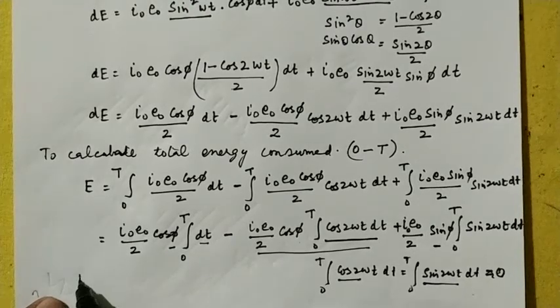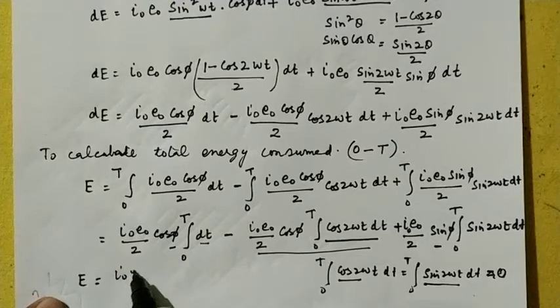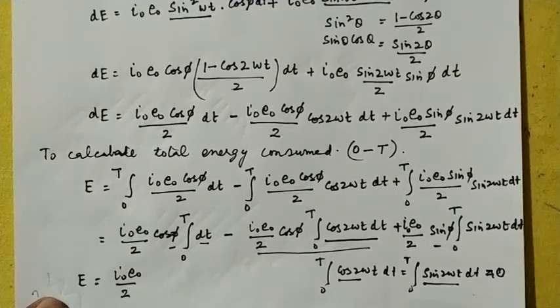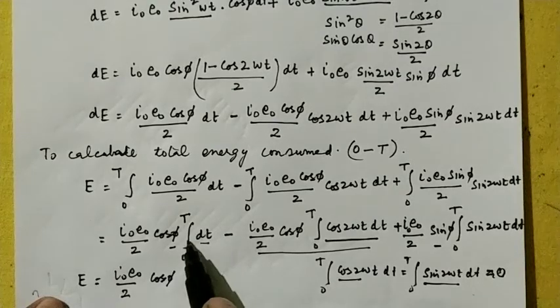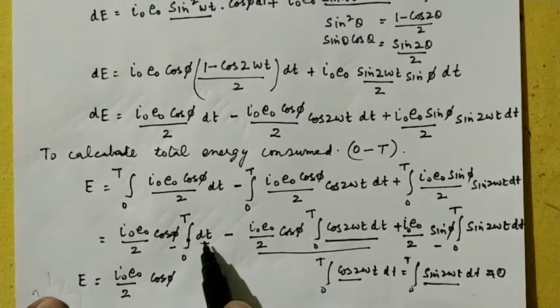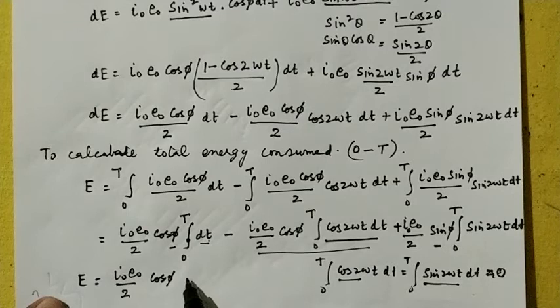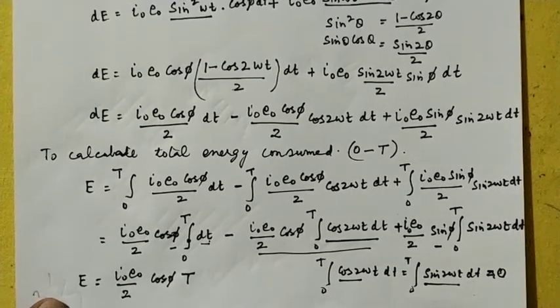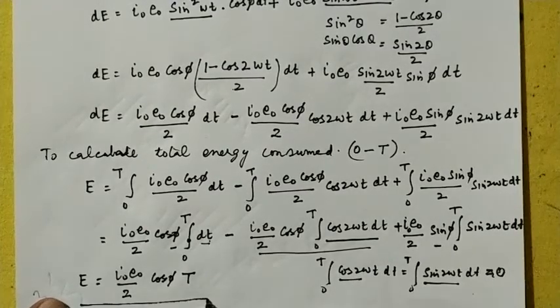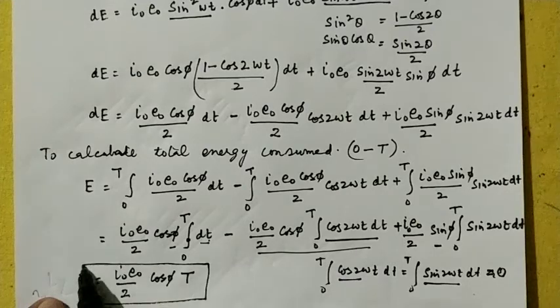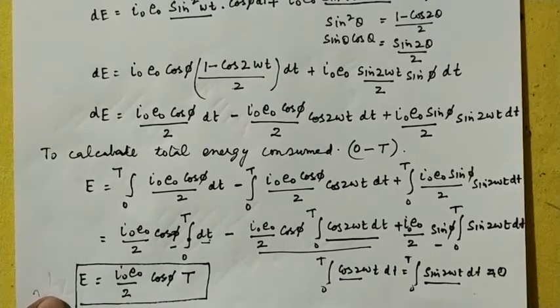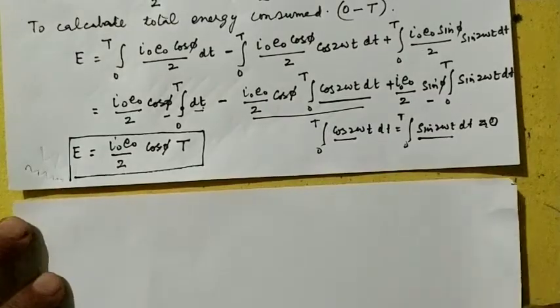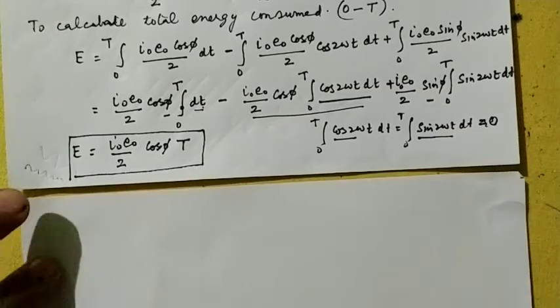So we are left with only the first term. That is equal to I naught E naught divided by 2 into cos of phi, and total integral means total time from 0 to T, that is capital T. So this is your total power consumed for a full cycle. This is your total power consumed by the LCR circuit.